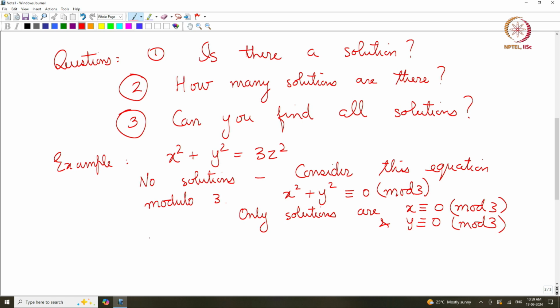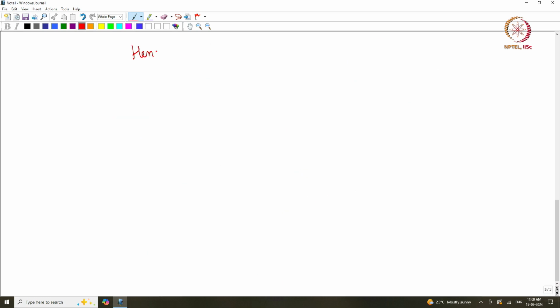Okay. So, we can write x as 3 times a, y as 3 times b, and if I plug this in the equation, I get 9 a squared plus 9 b squared equals 3 z squared. If I divide everything by 3, I get 3 a squared plus 3 b squared equals z squared, which implies that z squared is divisible by 3. So, hence 3 divides z squared, hence 3 divides z, and you can write z as 3 times c.